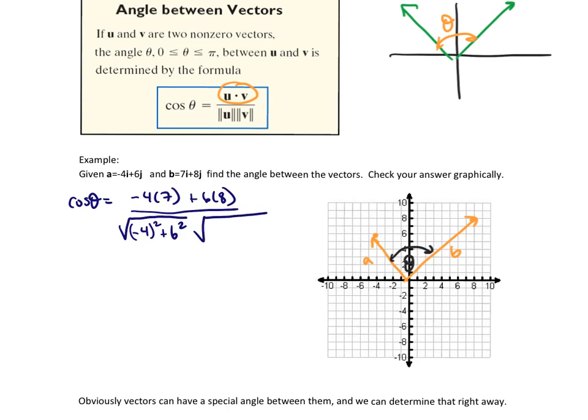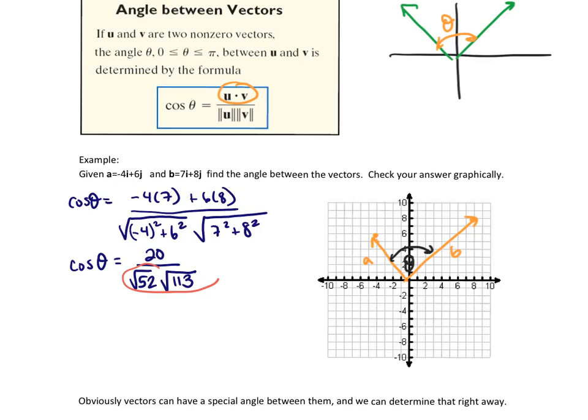And for vector B, it's going to be the square root of 7 squared plus 8 squared. So the cosine of theta is going to equal 20, because that's our dot product. And then 4 squared plus 6 squared, we said was 52, so the square root of 52. And then 7 squared, which is 49, plus 8 squared, which is 64, is 113.